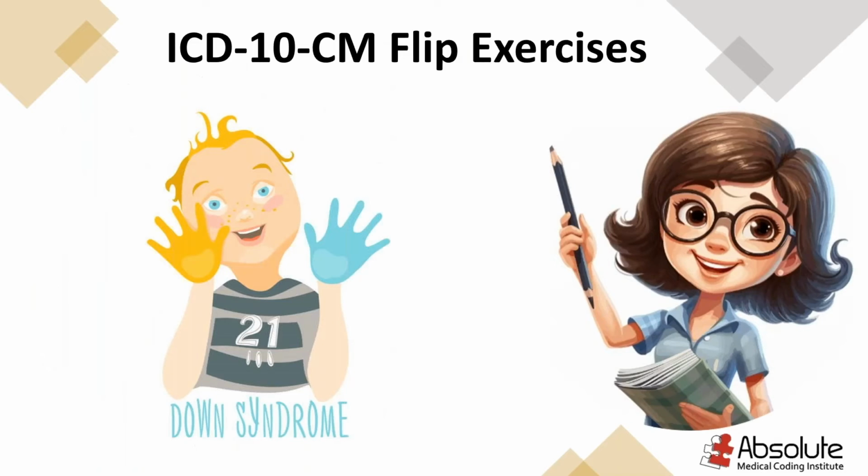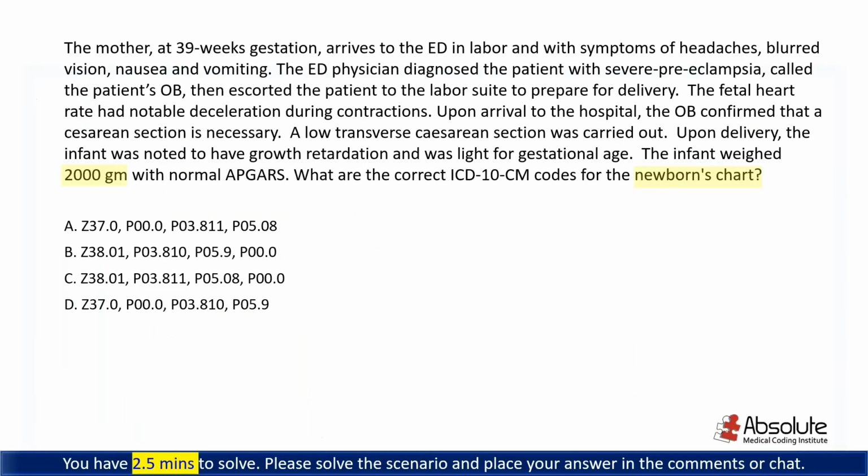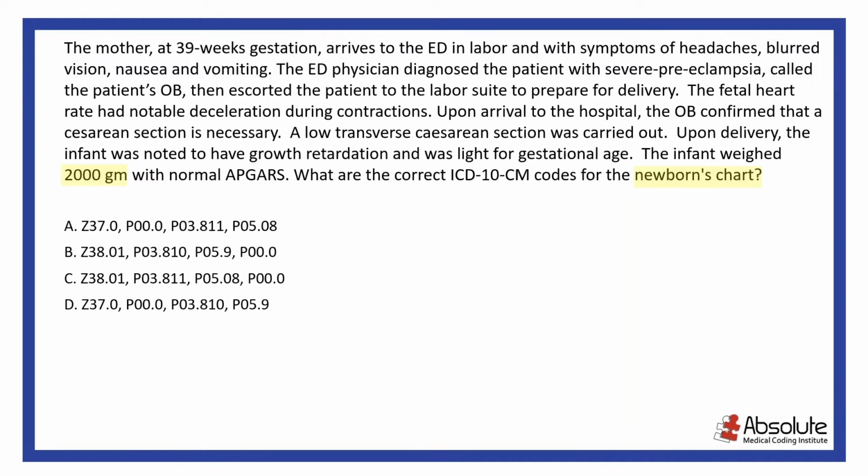Okay, so let's do some ICD-10 flip exercise on chapter number 17. And this is your question. What are the correct ICD codes for the newborn's chart? Option A is Z37.0, P00.0, P03.811, P05.08.